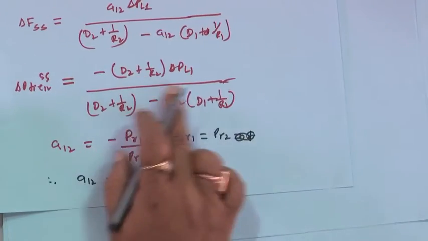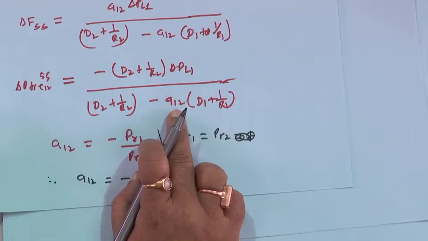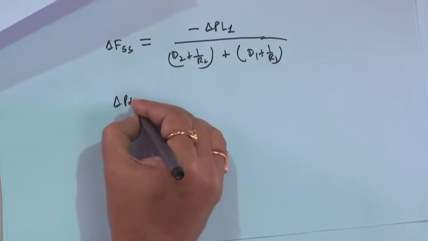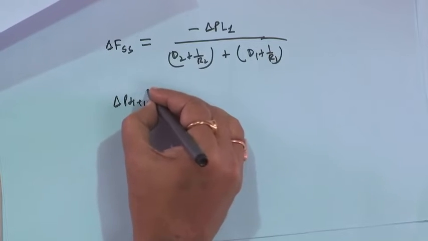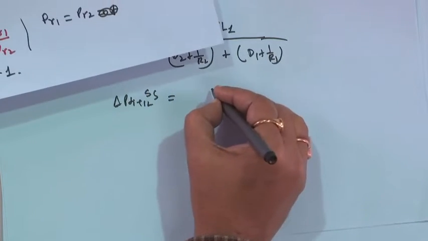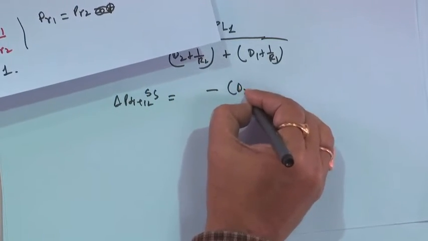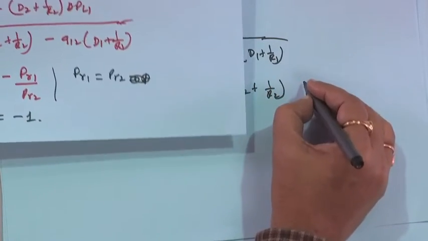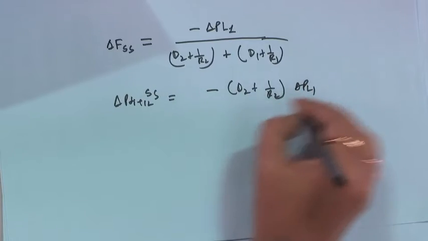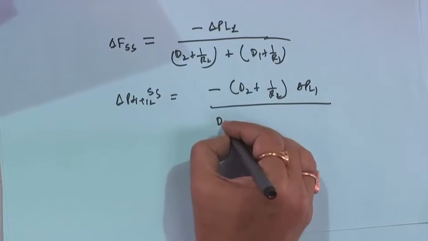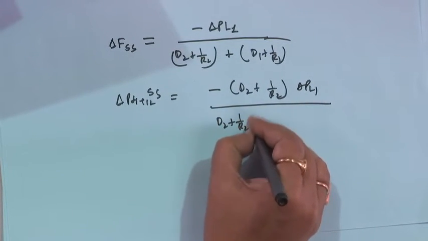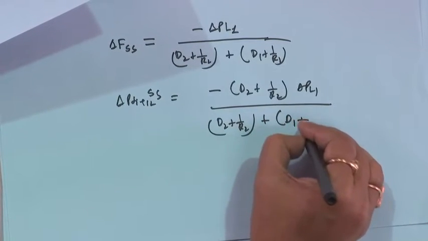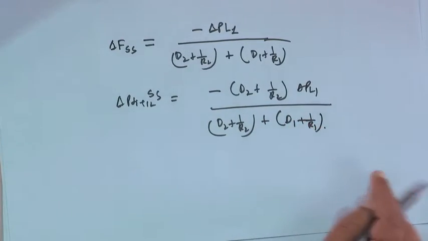Similarly, delta P tie 1 to 2 steady state, here only it will be minus 1, so it will be plus. Therefore, delta P tie 1 to 2 steady state is equal to minus D2 plus 1 upon R2, into delta PL1, divided by D2 plus 1 upon R2 plus D1 plus 1 upon R1.